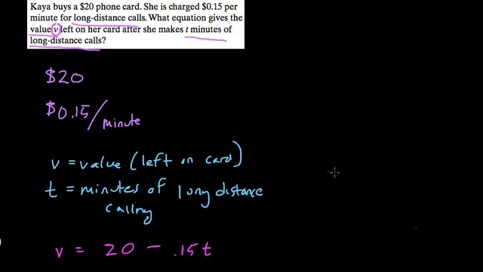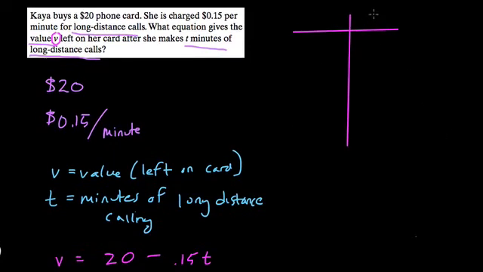If that's not intuitively obvious, let's set up a table. Plugging in numbers might help you see what's actually happening. We have v as the value and t as the amount of minutes. Let's say no long distance calls are used. Then you have the $20 still on the card. After 1 minute, take 15 cents away, and you have $19.85.